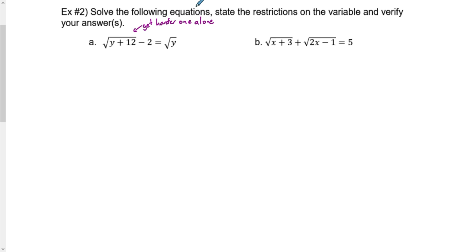That's my recommendation, is get the harder one alone. So in this one, y add 12 is definitely harder than y. Just there's more to it. So to get it by itself, we would add 2 to both sides. And I'm just going to write over here just so I have enough room for everything. Y not x.